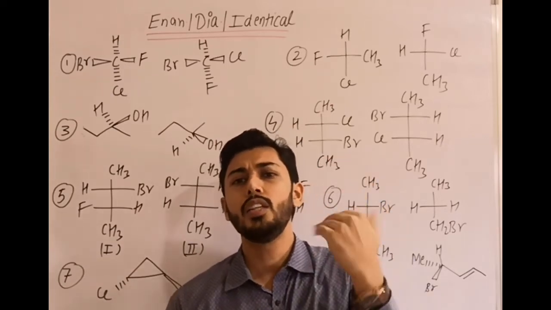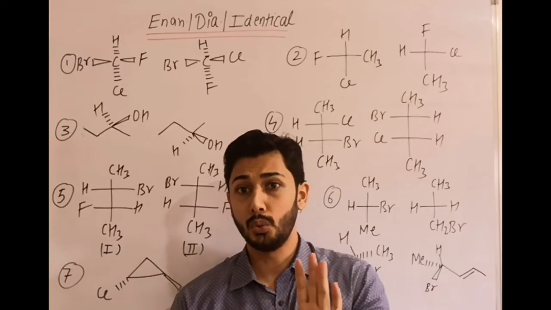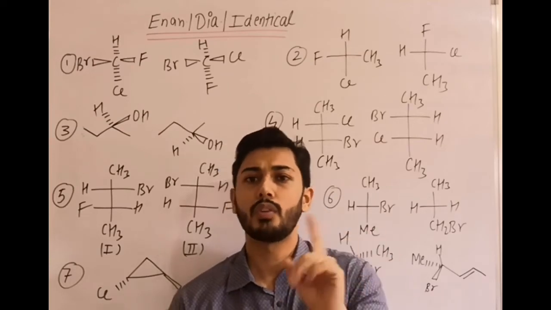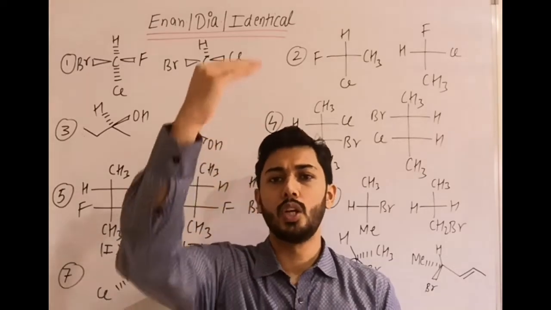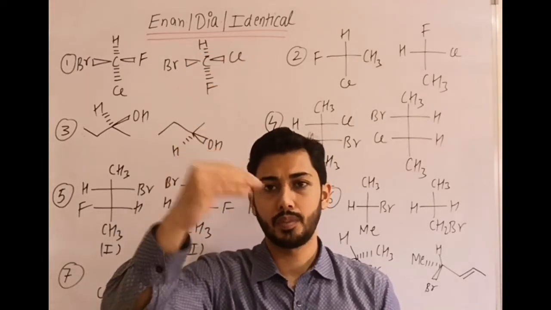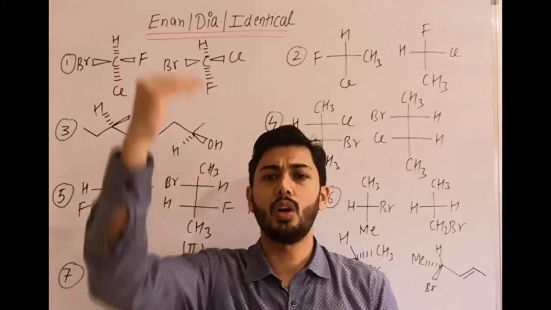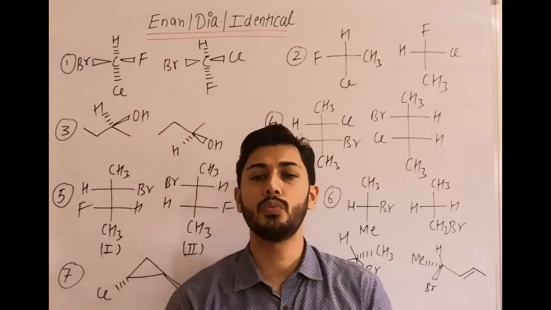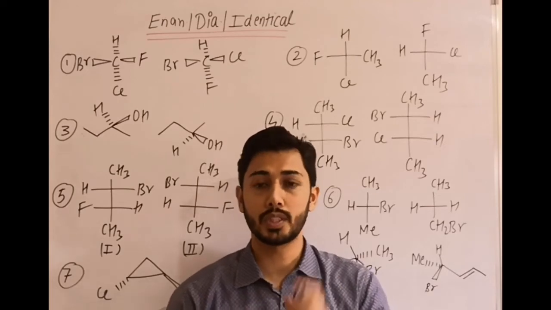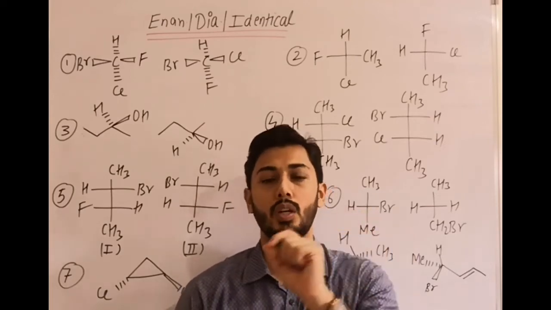Second, if there are two or more chiral centers, for at least one chiral center, if there is same configuration, suppose RR is the configuration, other is RS or SR, at least for one chiral center, they have same configuration, they are diastereomers. I am telling about in terms of RS.